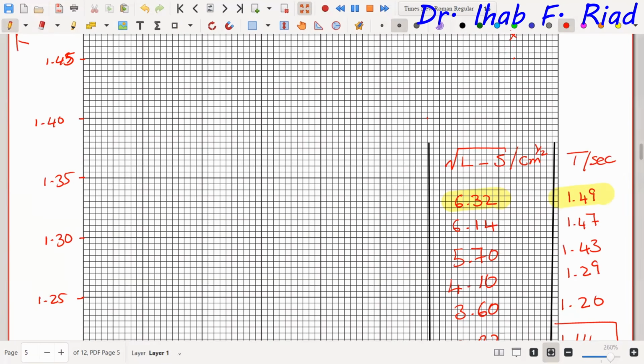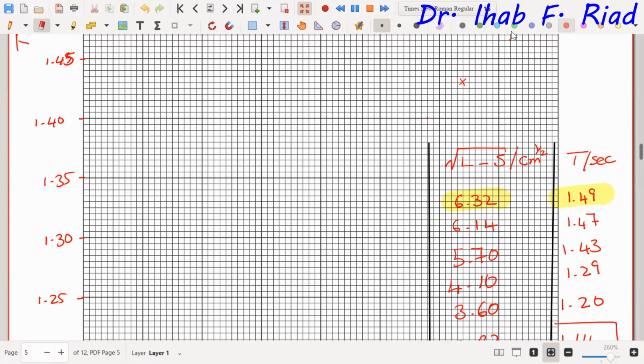This is 5.75, and this is 5.7 over here. And 1.43, this is it. That one was easy.